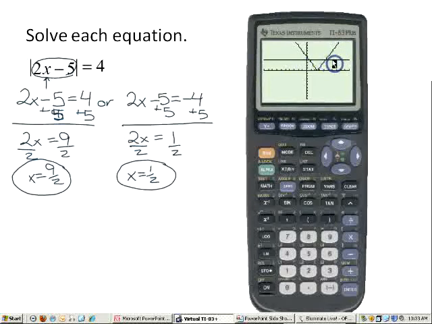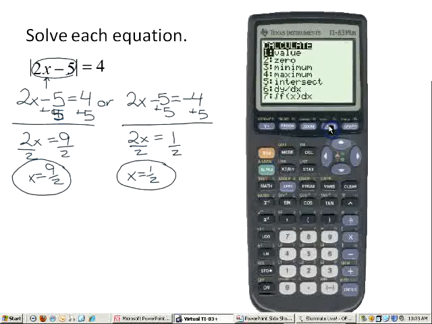And then here is the line y equals 4. So I see two places where these intersect. Remember, graphically, your solution is where these intersect. So this one would correspond with the x equal 1/2, and this intersection would correspond with the x equal 9/2.